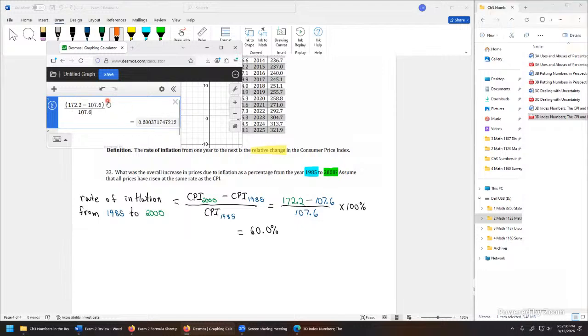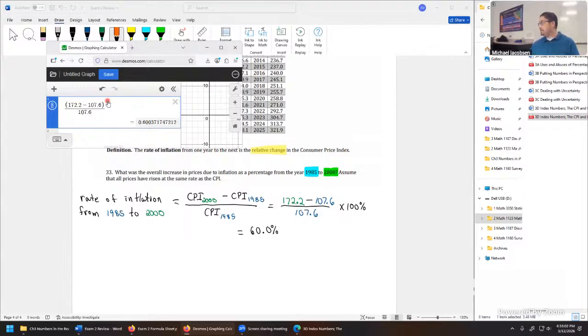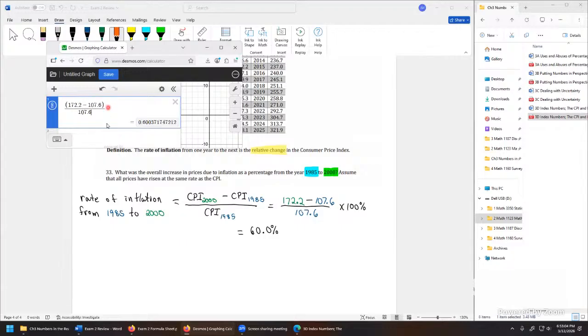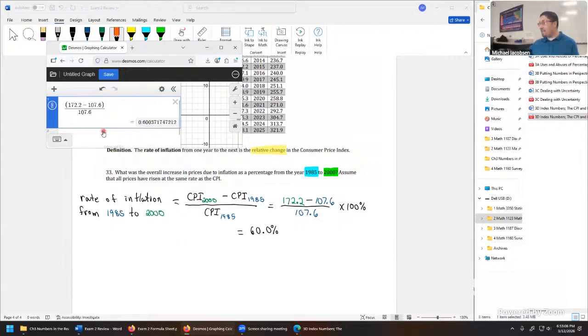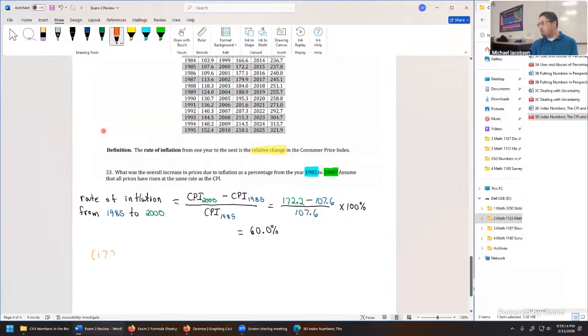So it could be just the parentheses being missing, causing the error. Gotcha. So on this one, let's make this a concept, write this down. Make sure it goes in as 172.2 minus 107.6 in parentheses, then division by 107.6. And then that should work out for that value.